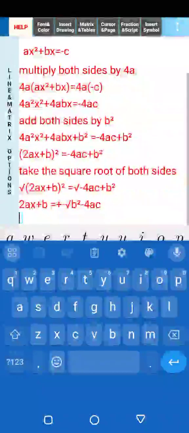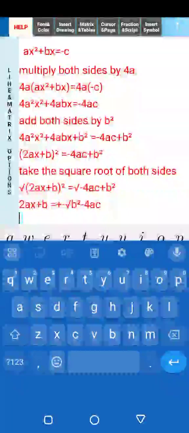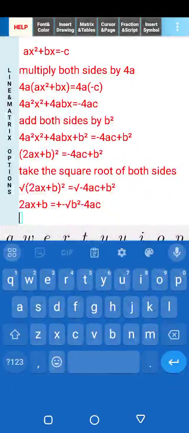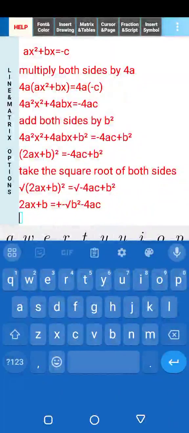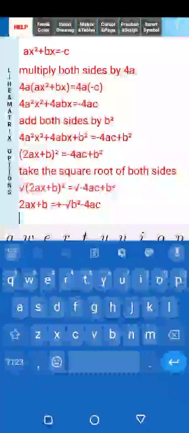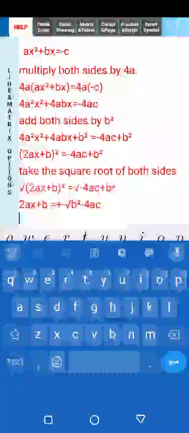So on the left hand side, square root and square cancel, we are left with 2ax plus b. And from the right hand side, that's square root of b square minus 4ac.